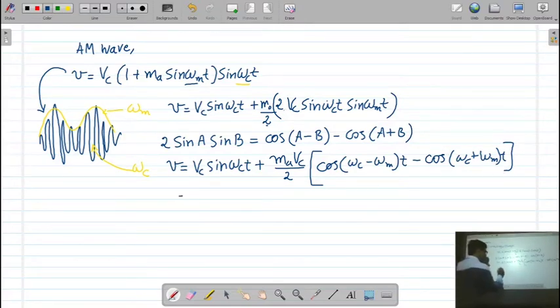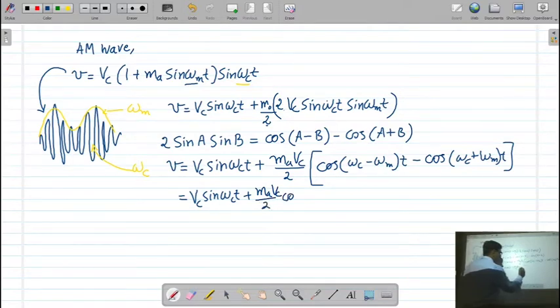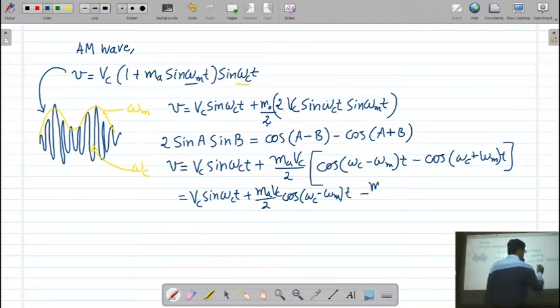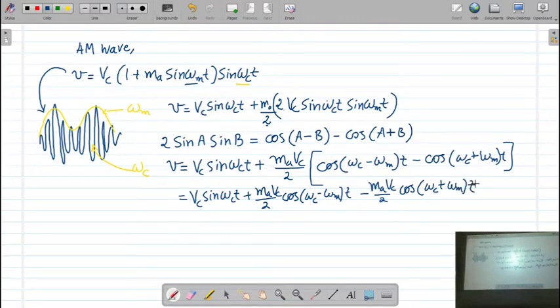Finally, if I write this, it is Vc sine omega ct plus Ma Vc by 2 cos omega c minus omega m into t, minus Ma Vc by 2 cos omega c plus omega m into t. So you can see that after the expansion of the modulated wave, we have three different terms.